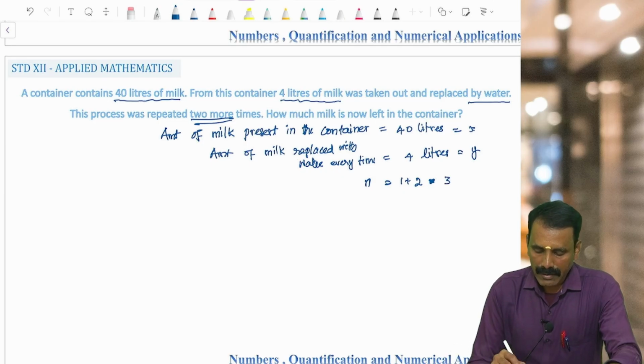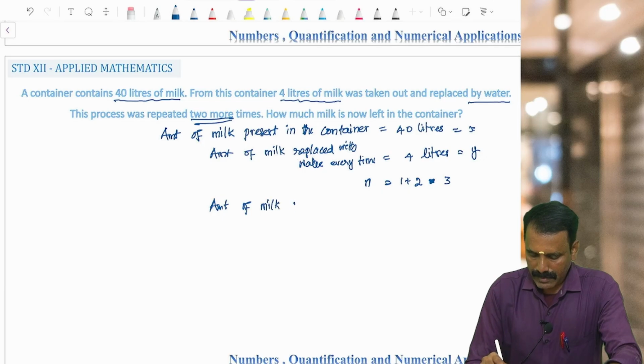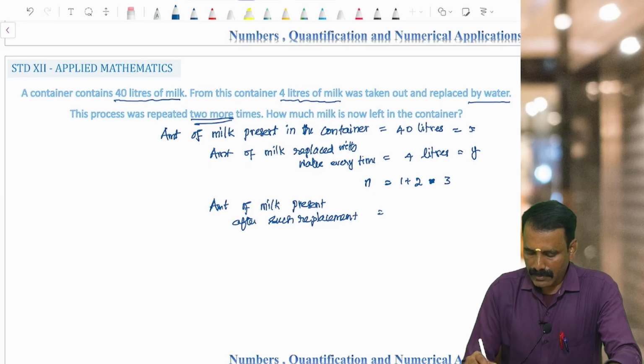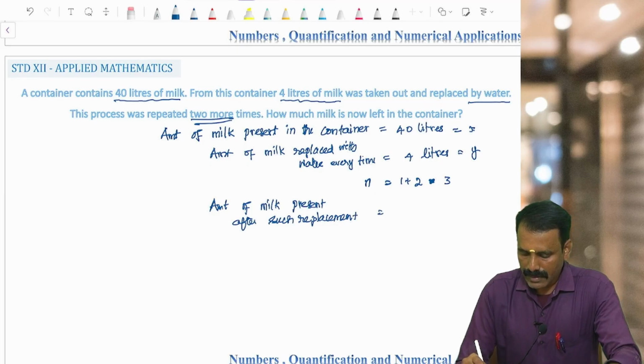And for this problem we have a direct formula to solve. The amount of milk present after such replacement is equal to x into (1 minus y by x) whole power n.